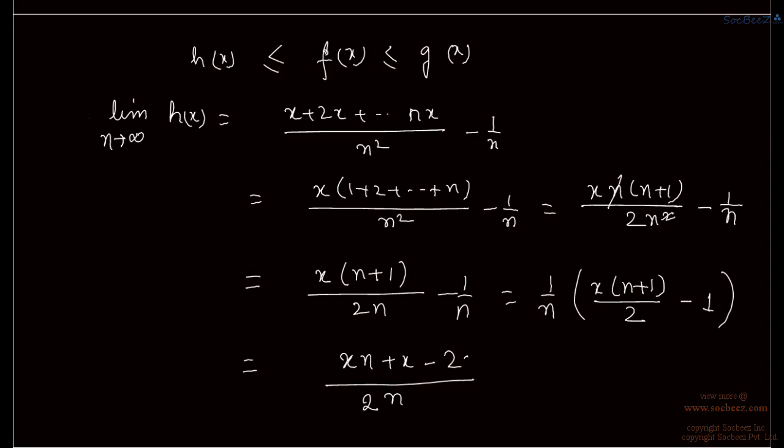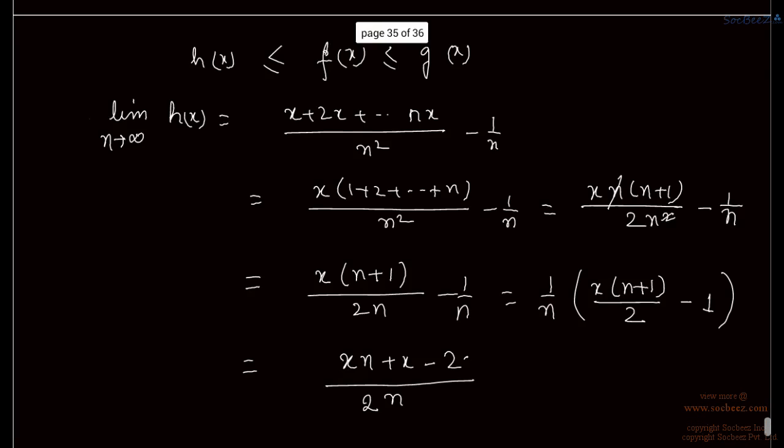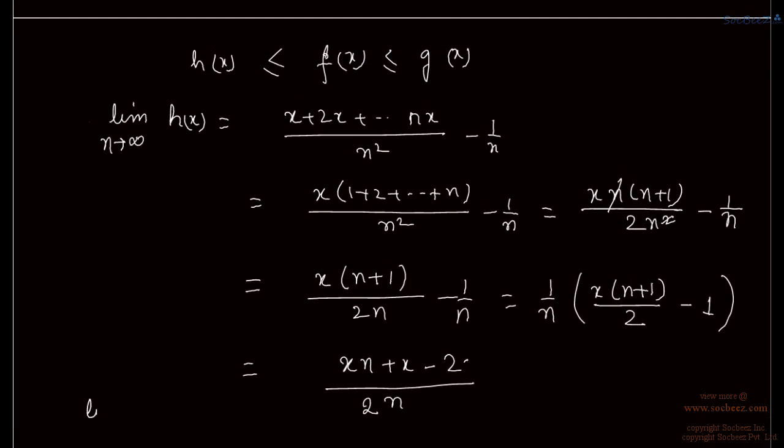So if you see, what is the value of limit n tends to infinity of x n plus x minus 2 upon 2n?